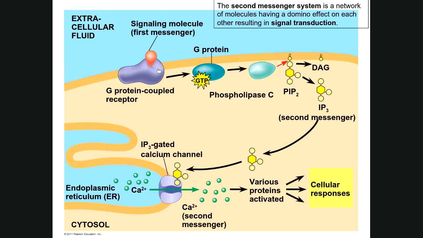Okay, and if it's a G protein coupled receptor, the G protein is in reference to the first of several molecules and ions that make up the second messenger system. This is one of, if not the most popular example of a molecule that's part of a second messenger system. But what happens now is the receptor will tell this molecule here, G protein, I received a signal. This is what it said. I need you to relay it to the correct area of the cell. Then the G protein, it's like a relay mechanism.